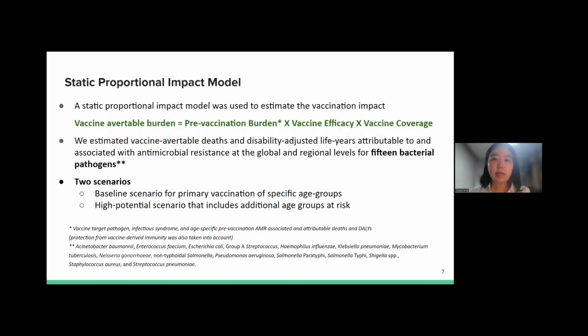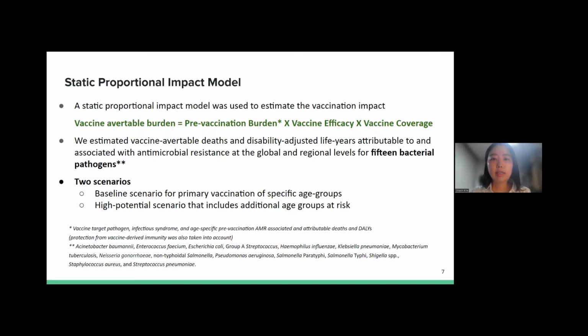So we applied it in direct proportion to efficacy, coverage, target population for protection, and duration of protection of existing and potential future vaccines. So we estimated vaccine-avertable death and DALYs attributable to and associated with AMR by pathogen, infectious syndrome, and region with 95% uncertainty intervals for 15 bacterial pathogens.